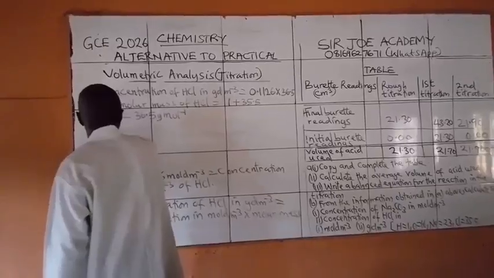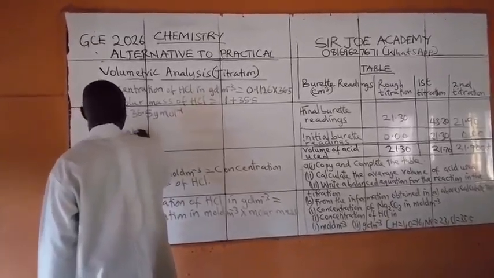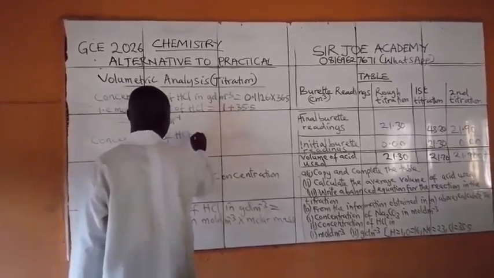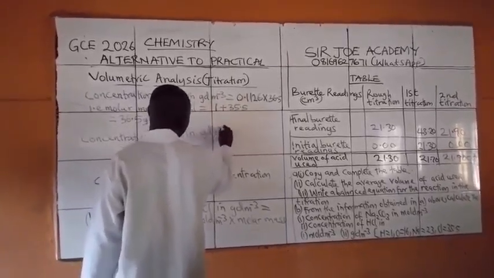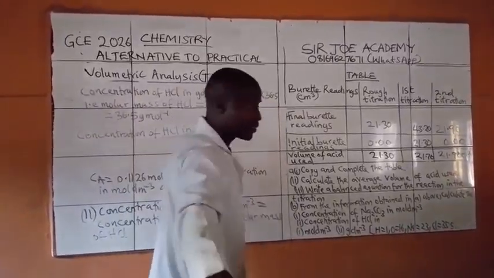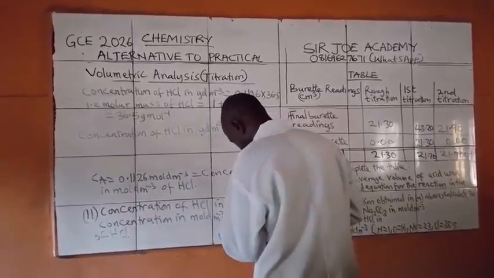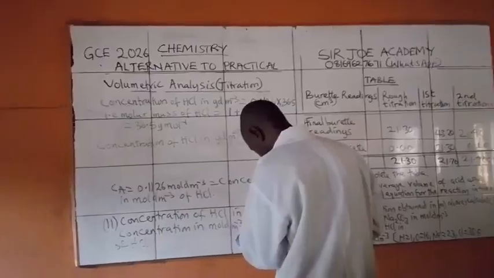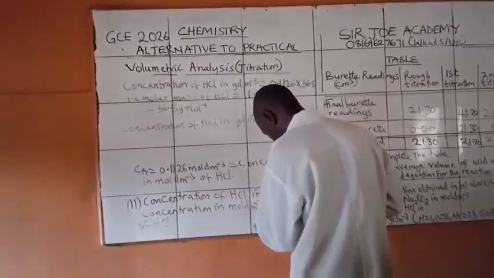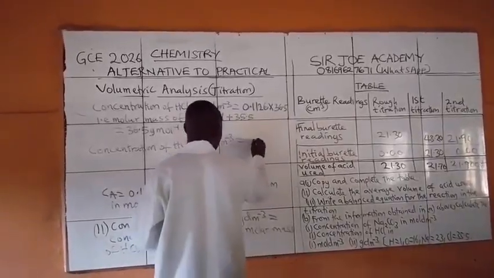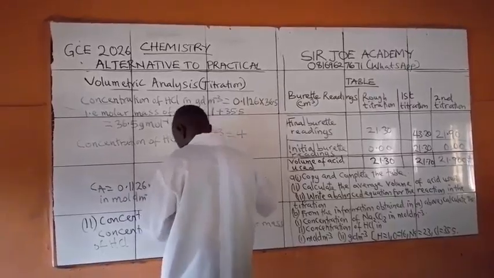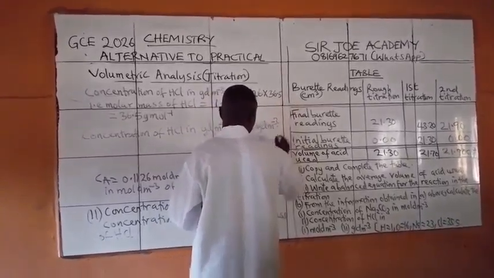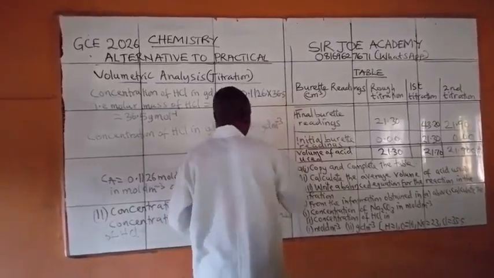So the concentration of HCl in gram per dm cube is equal to 0.1126 times 36.5, which is equal to 4.1 gram per dm cube.